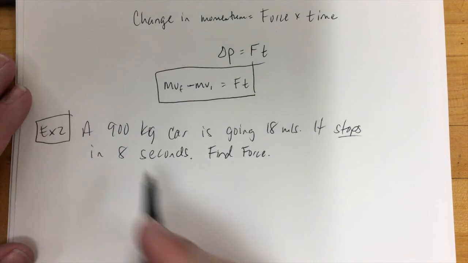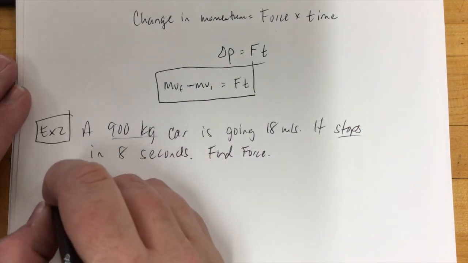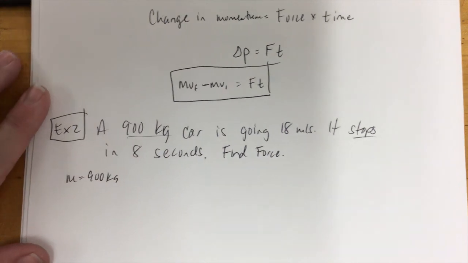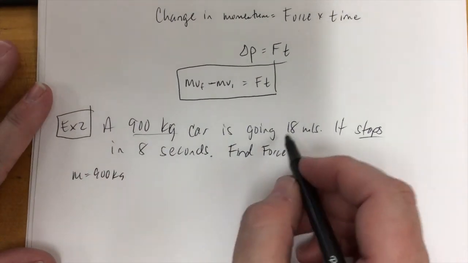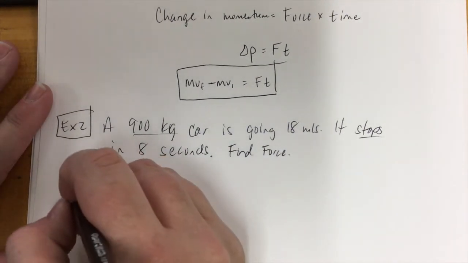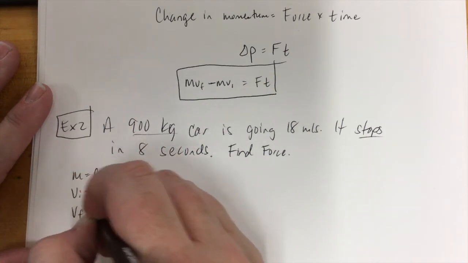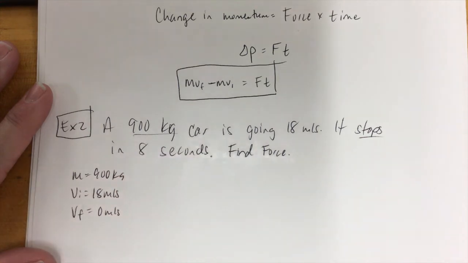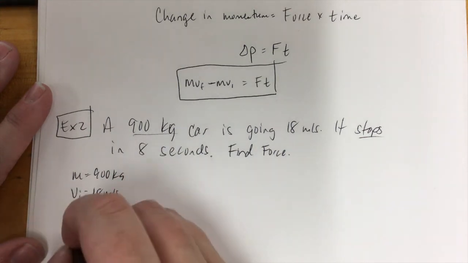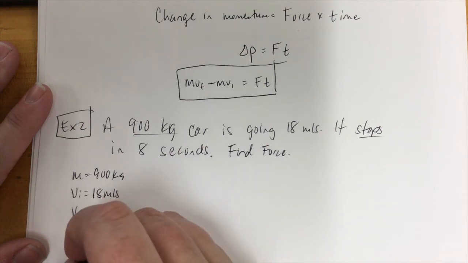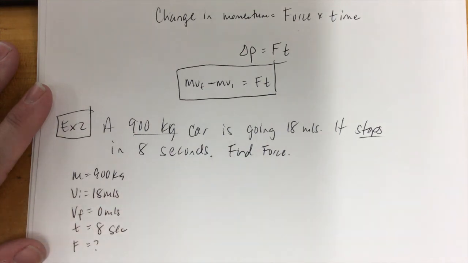So the way we would set this up, we know our mass here. We would say m equals 900 kilograms. We know that our vi, what we started at, is 18 meters per second. And our vf is 0 meters per second. And we have a time of 8 seconds, and we're going to solve for our force.